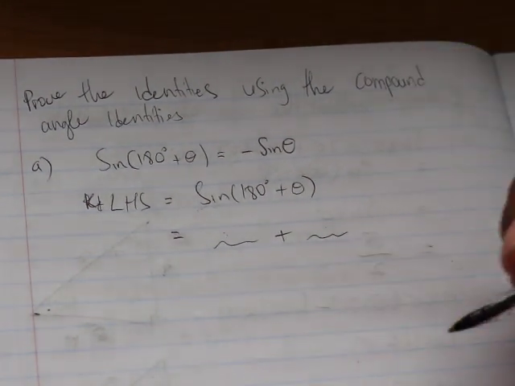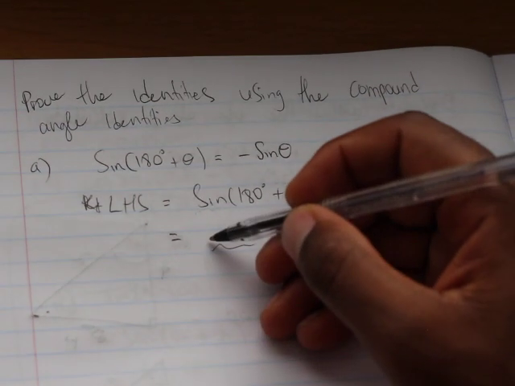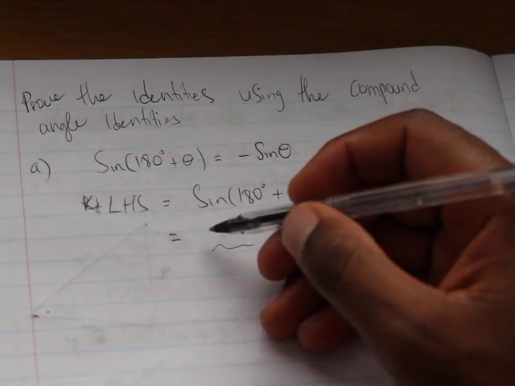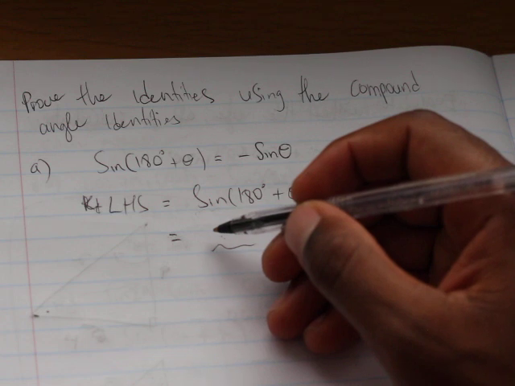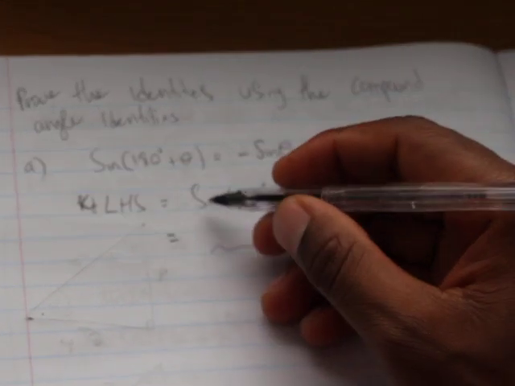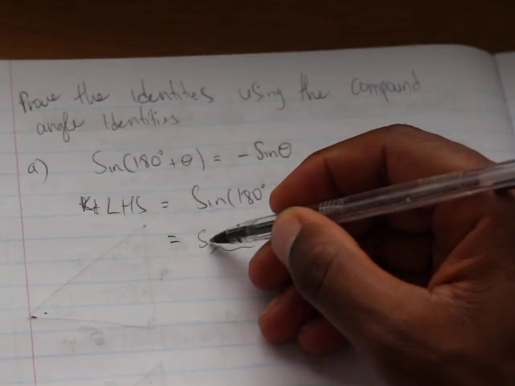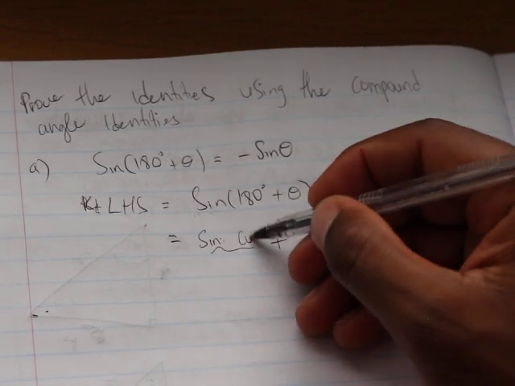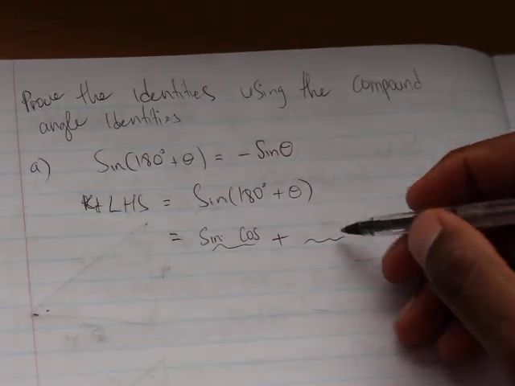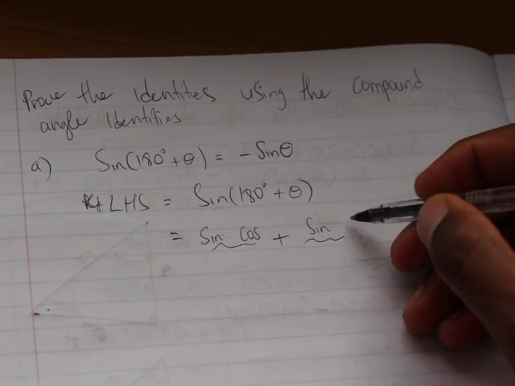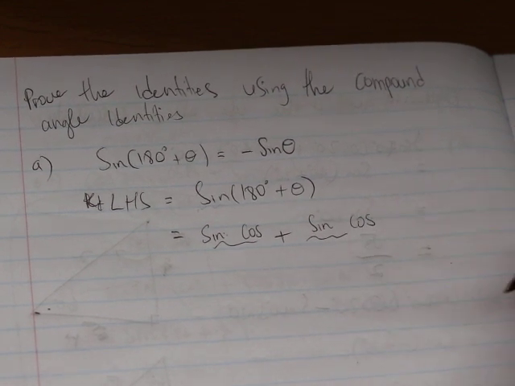Are we going to have trig ratios that are the same or different? I hope you said different, because it's sine here that we're dealing with. So sine, cosine, sine, cosine.